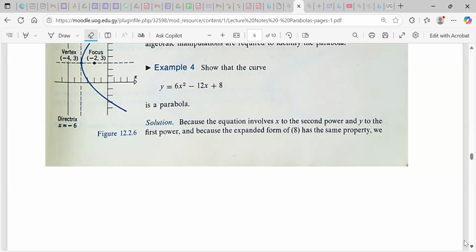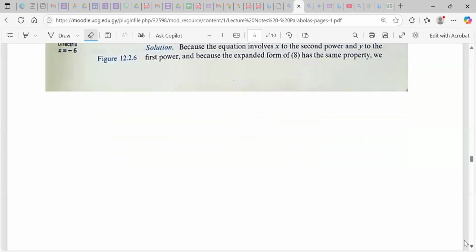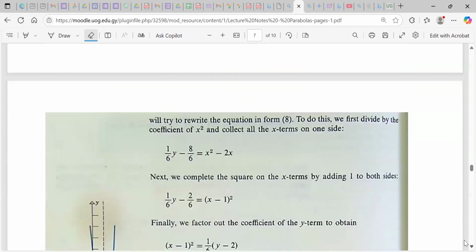But what you want to do now is rearrange it into a form that resembles the standard form. So you do some rearrangement using your knowledge of completing the square and so on.